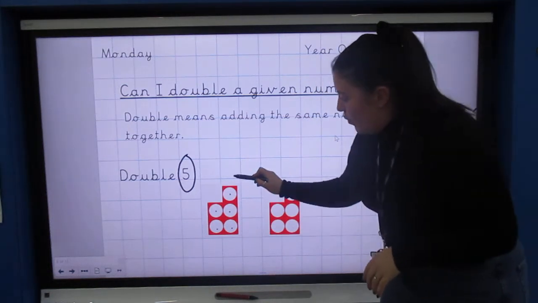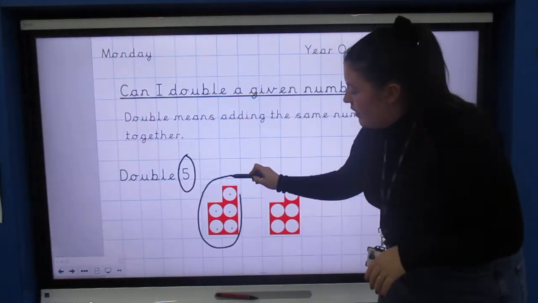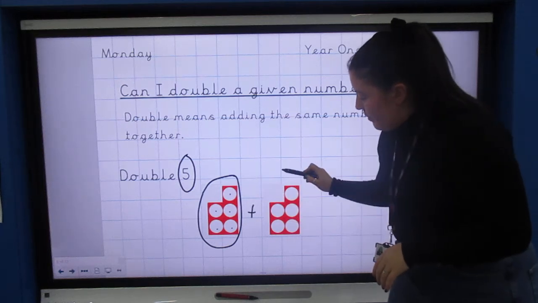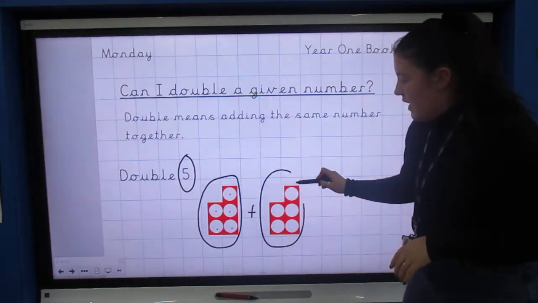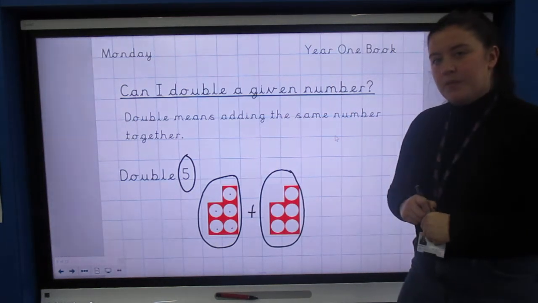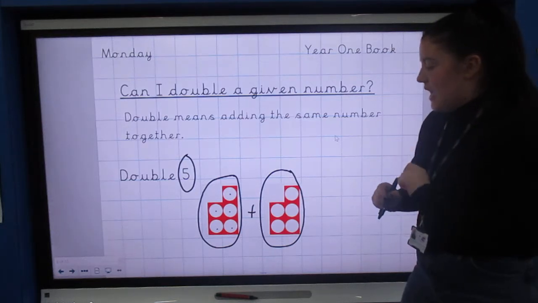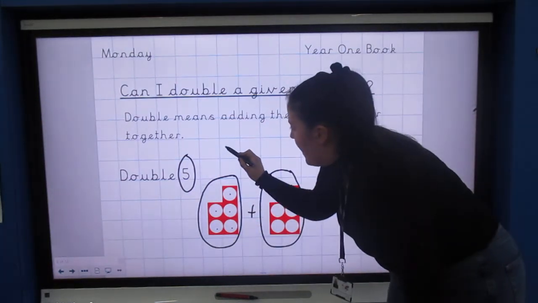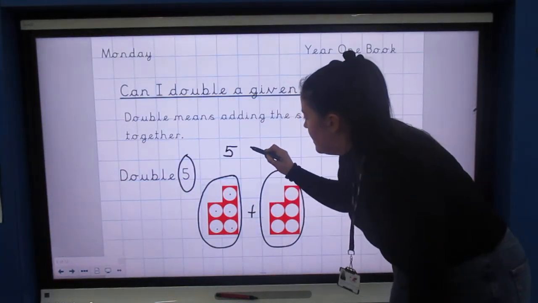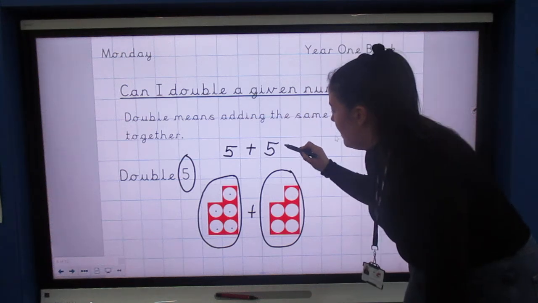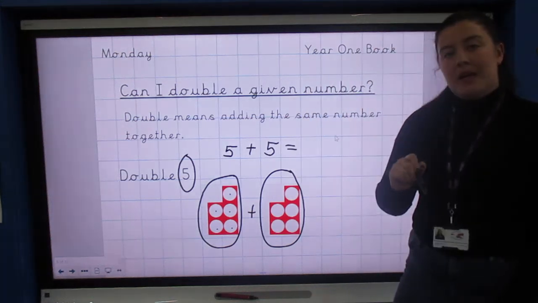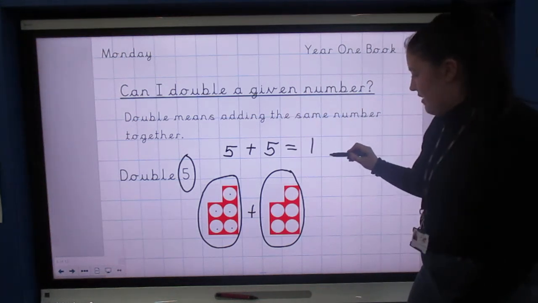One group of 5, add another group of 5 equals what? Double 5 is the same as 5 add 5 equals 10. Well done if you've got that right.